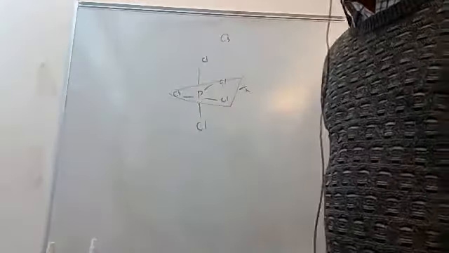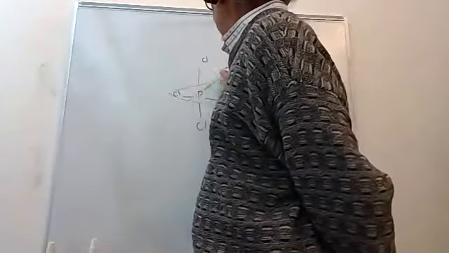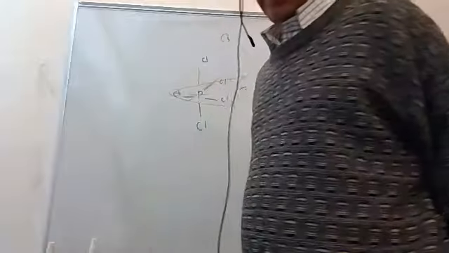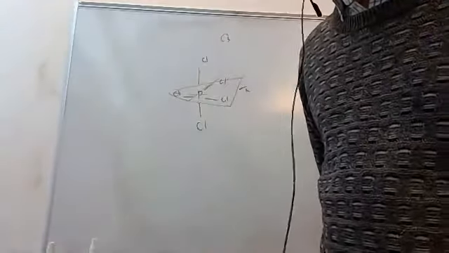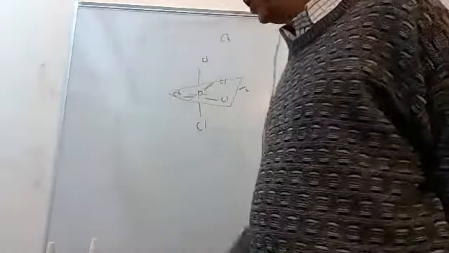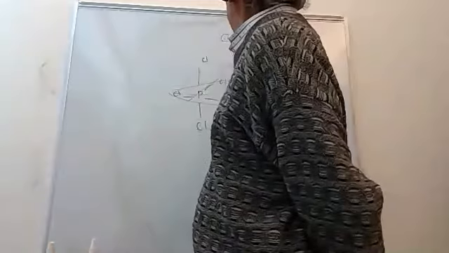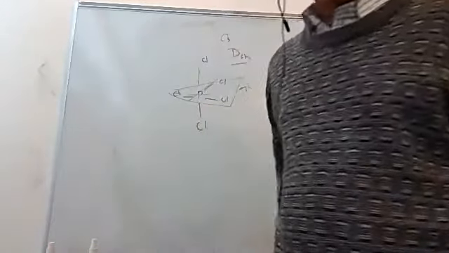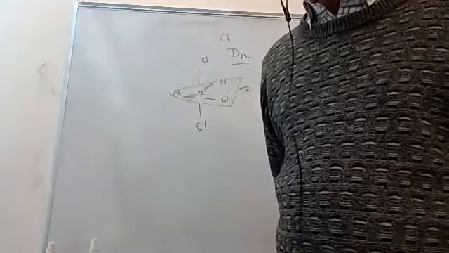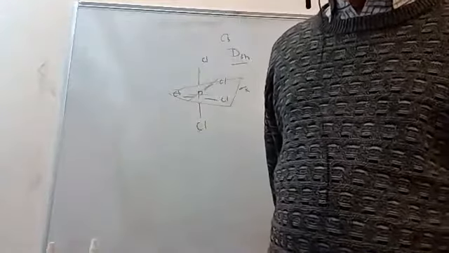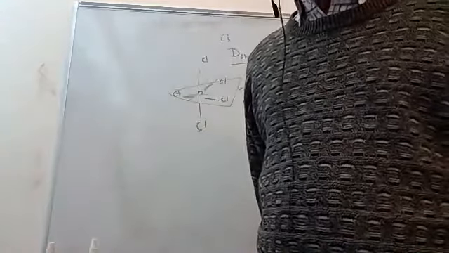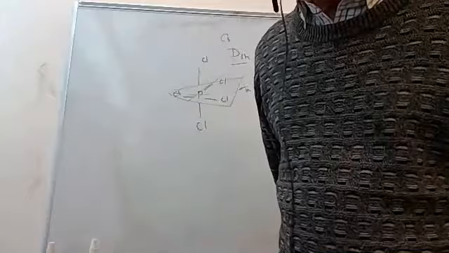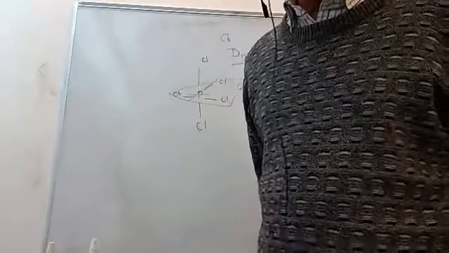And we also have three C2s because each of these PCl bonds in the plane serves as a C2 axis. So if you go to the decision tree, this now becomes a D3H molecule, right? So the difference between a D3H and a D3D is in a D3D molecule, we do not have a sigma H.